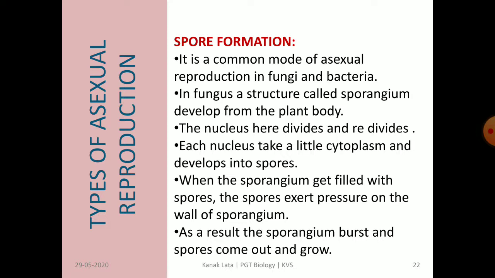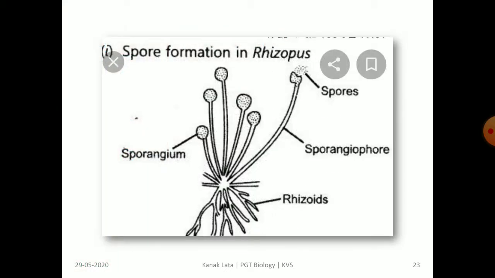When the sporangium gets filled with spores, it exerts pressure on the wall of the sporangium. As a result, it bursts and spores come out and grow. The given figure shows spore formation in Rhizopus.